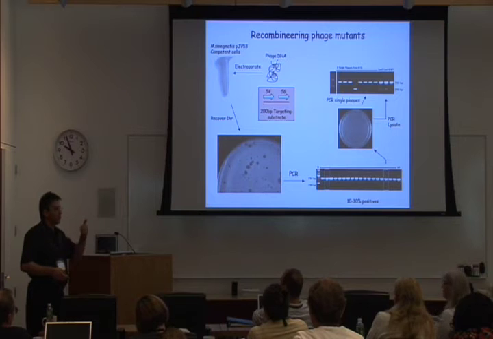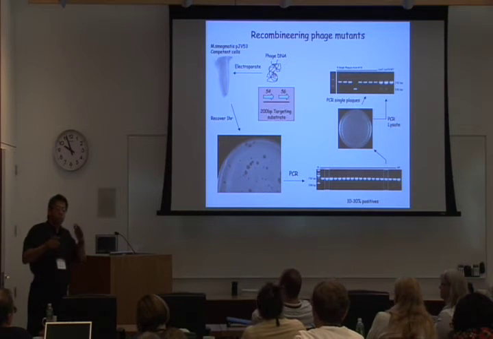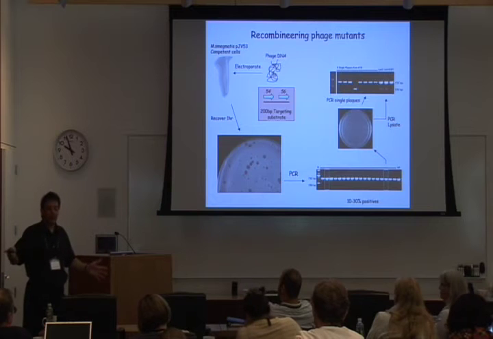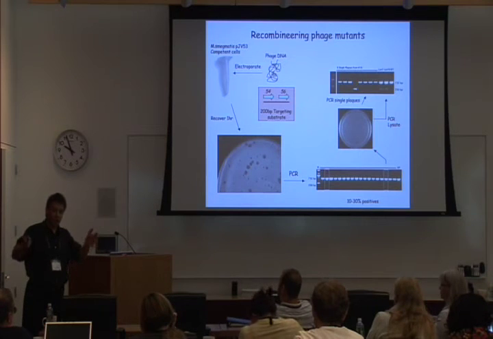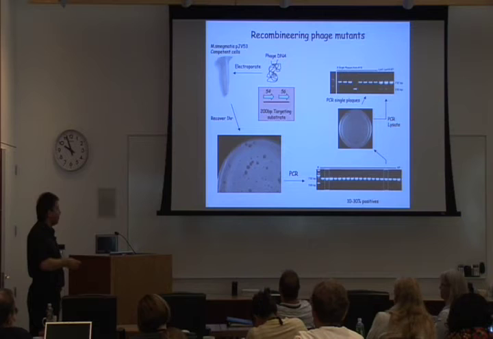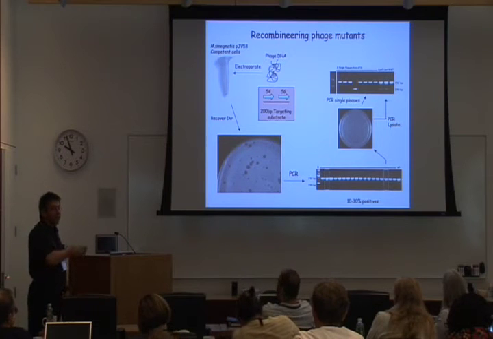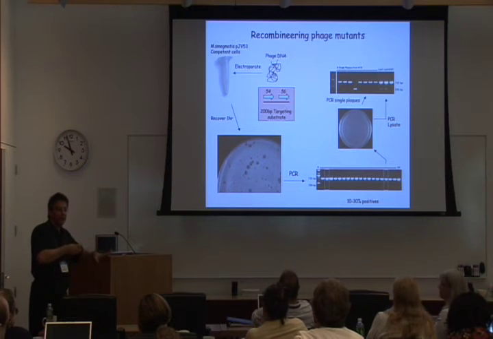This is a technology that we think can be applied to probably any mycobacteriophage, although we have not tried everything yet. But I'd like to believe that this is not restricted just to mycobacteriophages and mycobacteria.